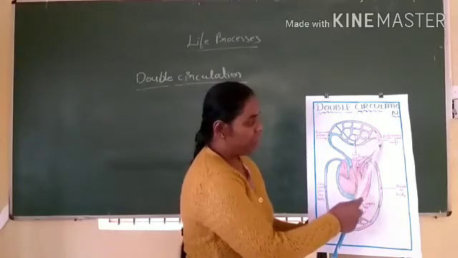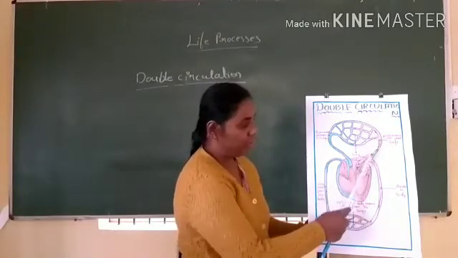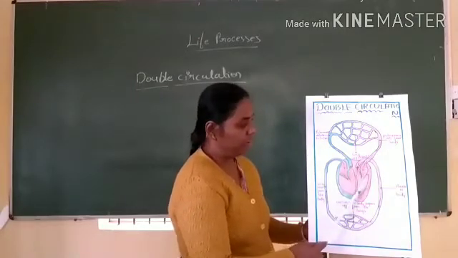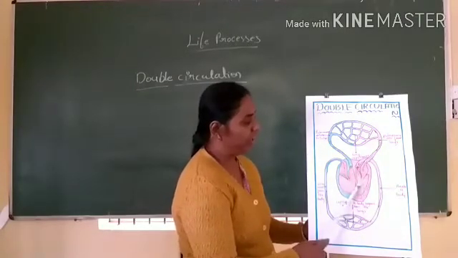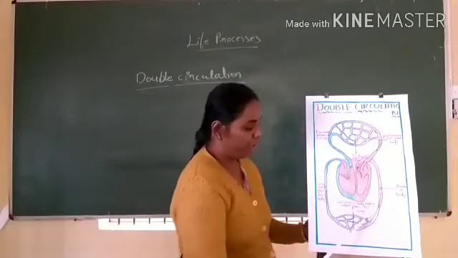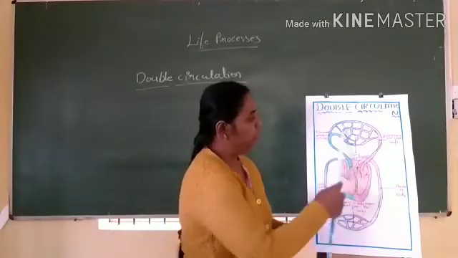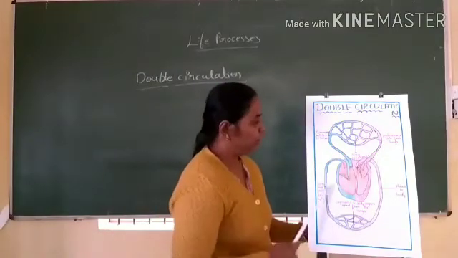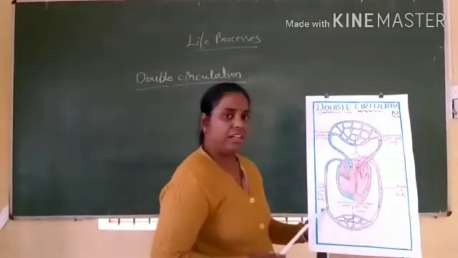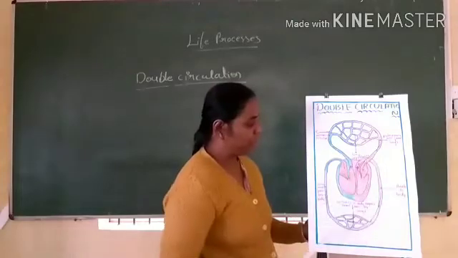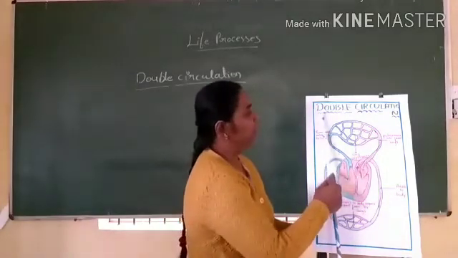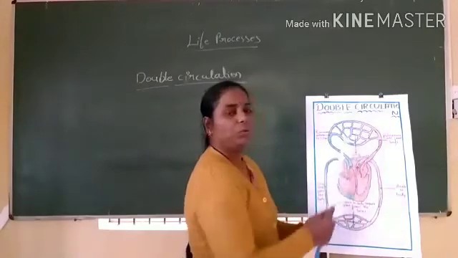The same blood is again brought back to the left auricle and then to the left ventricle, and from there it is pumped to all different body parts. This is one cycle of the blood inside the body. To complete one circulation, it has to pass through the heart twice. Therefore we call it double circulation.